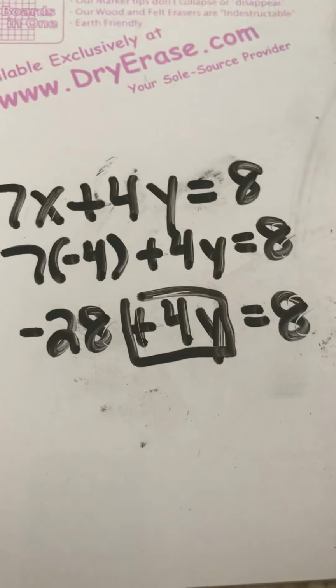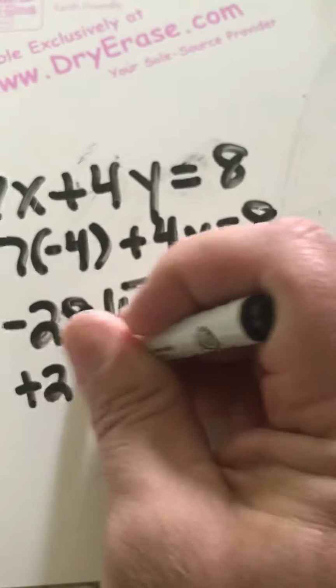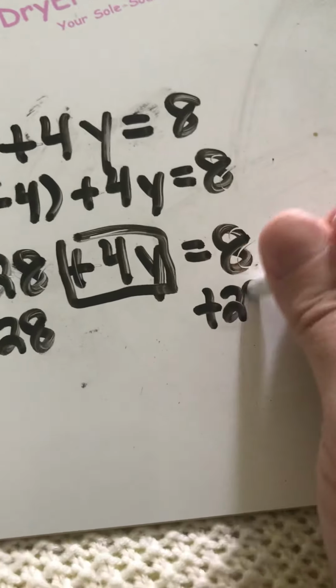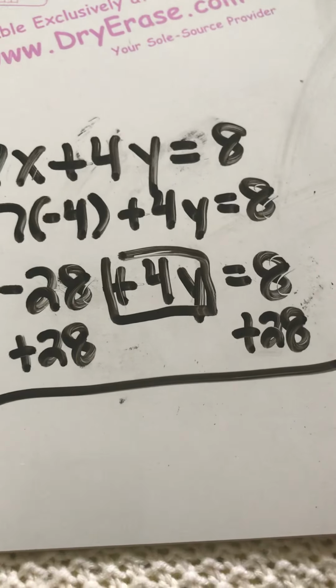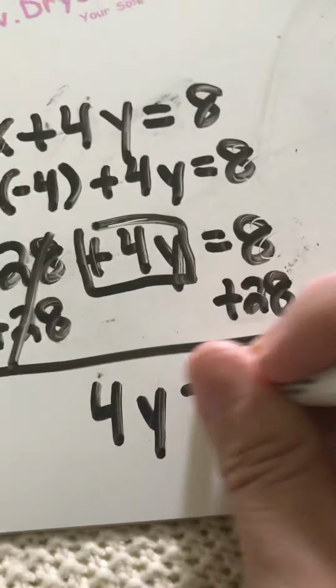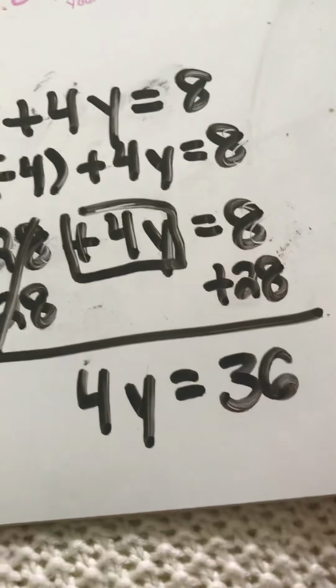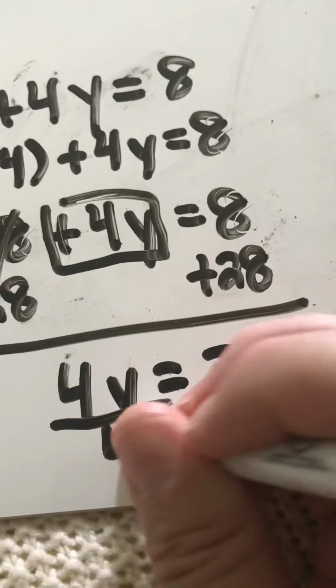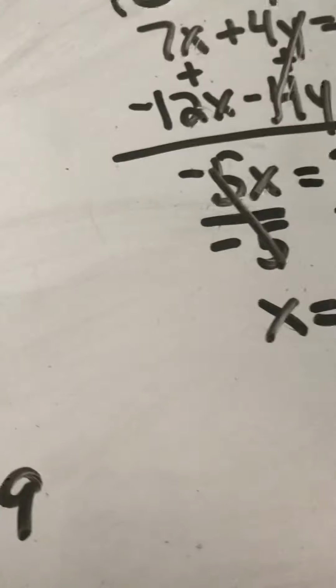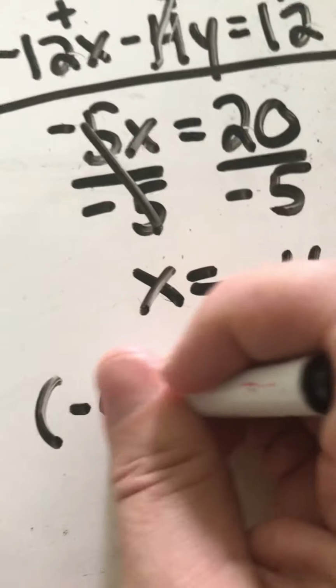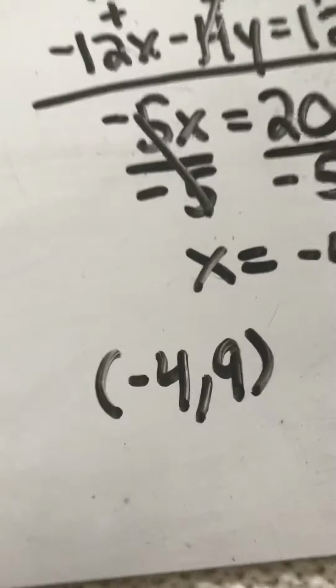Inverse operation of minus 28 would just be add 28. Again, you've heard me say this before, what you do to one side, you do to the other. So that disappears. 4y equals 36. Divide by 4. y is 9. So the solution to this system is negative 4, 9.